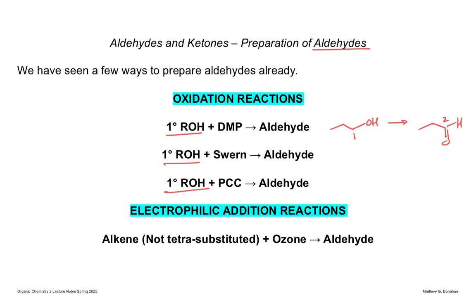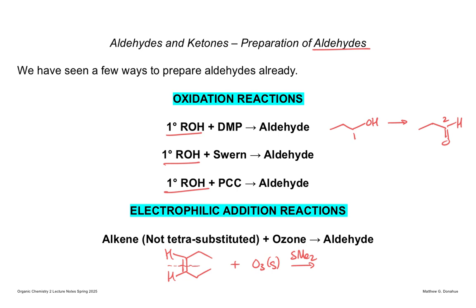Something we learned from Organic 1, say if we had this alkene, we could treat that with ozone gas. And essentially what that's doing is clipping the two sp2 hybridized carbons from the alkene.